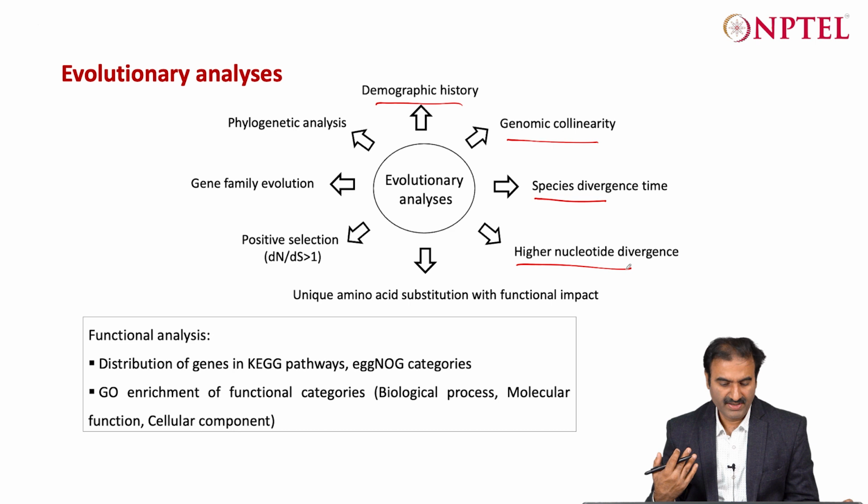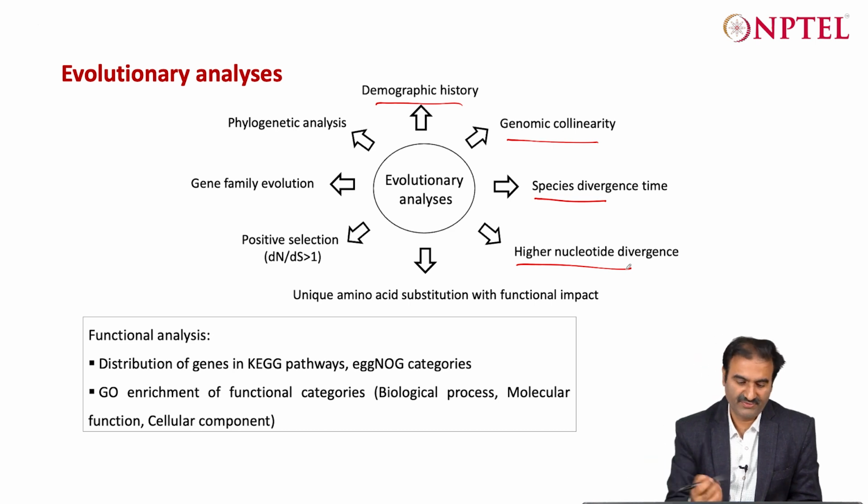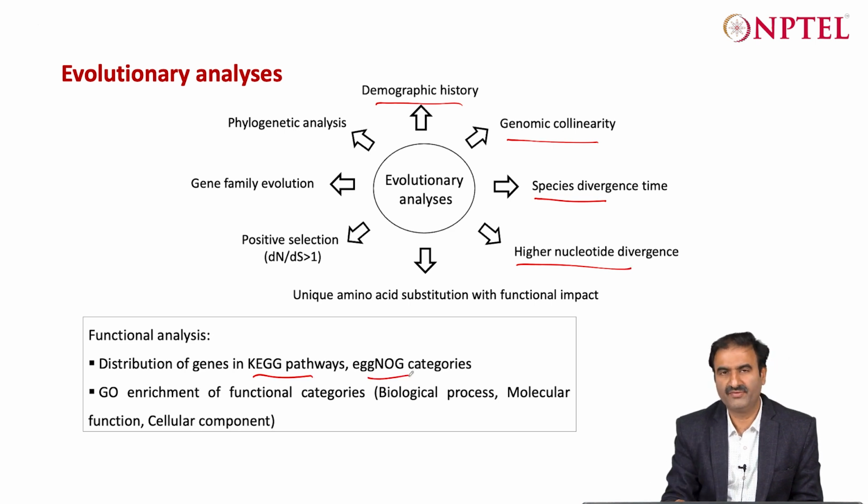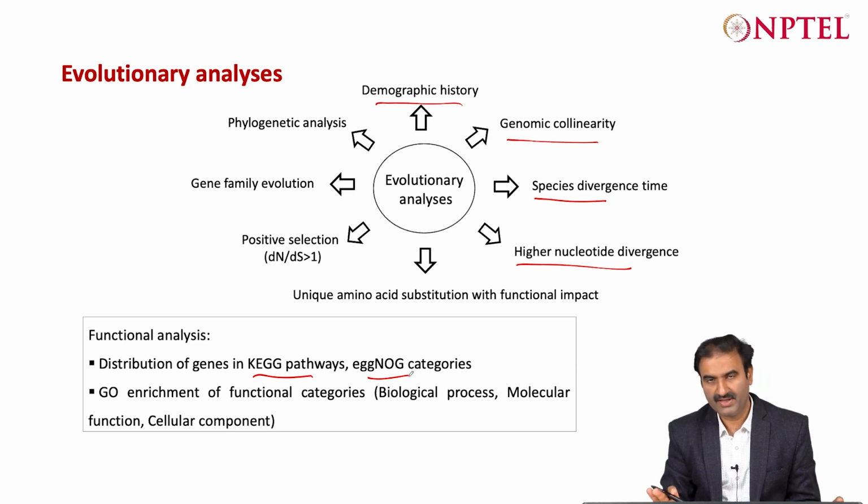For this you also need the annotation of the genes, because you have to understand the function when you are dealing with evolution analysis. So you can use KEGG, eggNOG, and GO and other kinds of functional tools for annotating the genes.